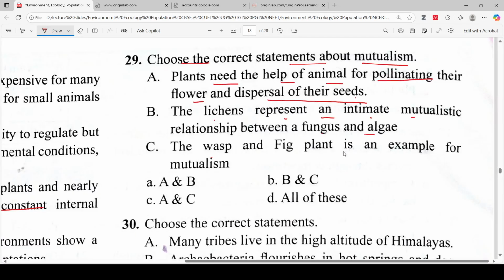The wasp and fig plant is an example of mutualism. So you have to choose the correct answer from this. The correct answer will be all of these. So all these statements are correct. Next question.